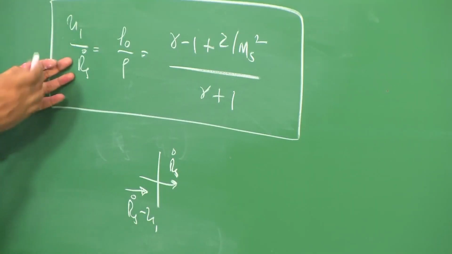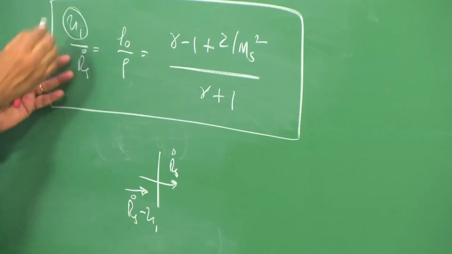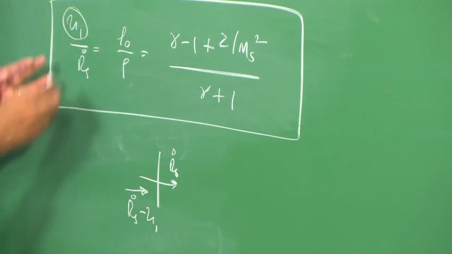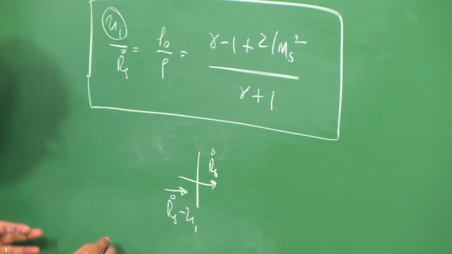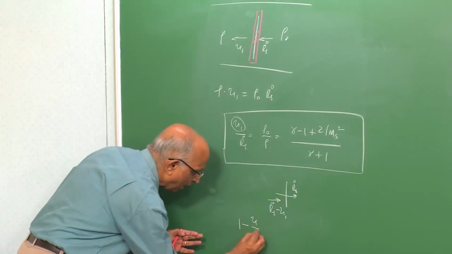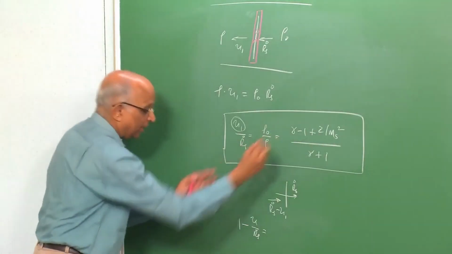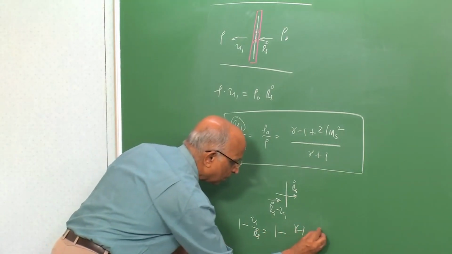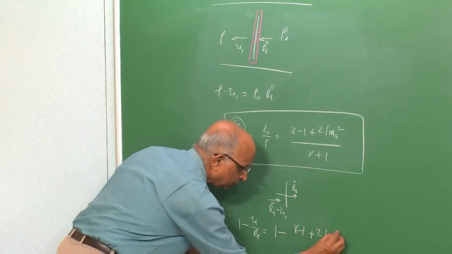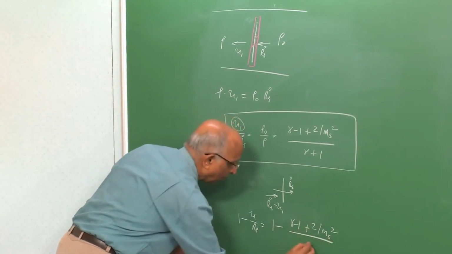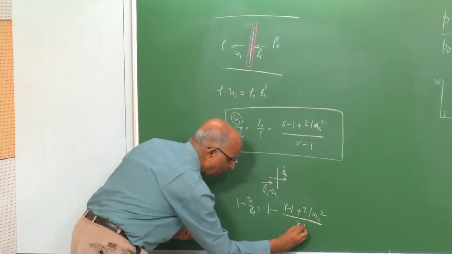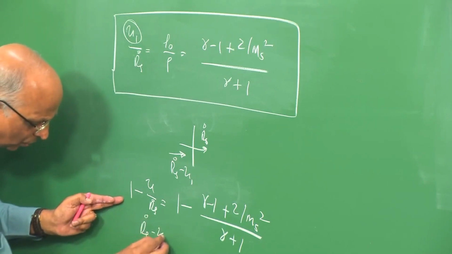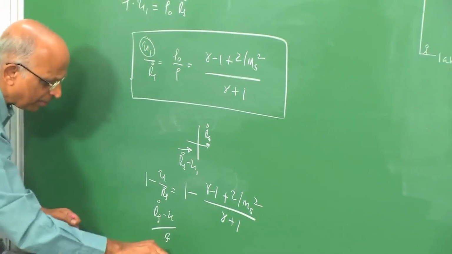We must remember that this value of u 1 is in the frame of reference of the shock stationary. If the shock is moving, this value is going to be 1 minus u by R s dot, or rather on the right hand side I should get 1 minus gamma minus 1 plus 2 over ms squared divided by gamma plus 1. Or rather, I should get the value of R s dot minus u as a function of, let me put it on the other side.